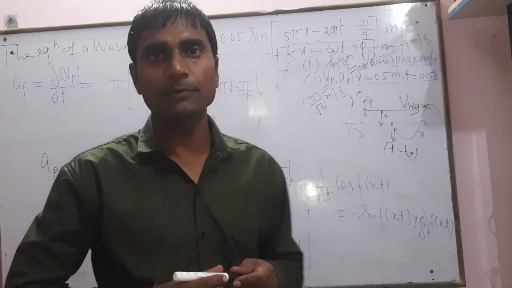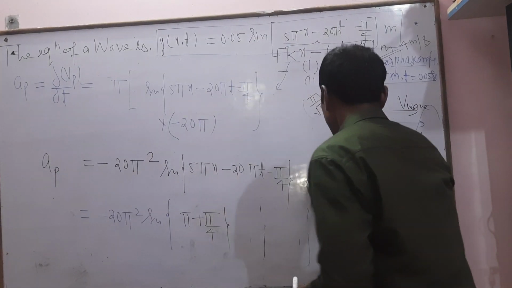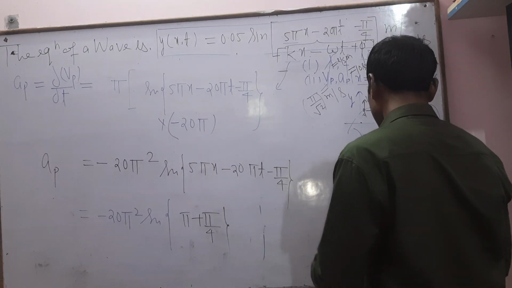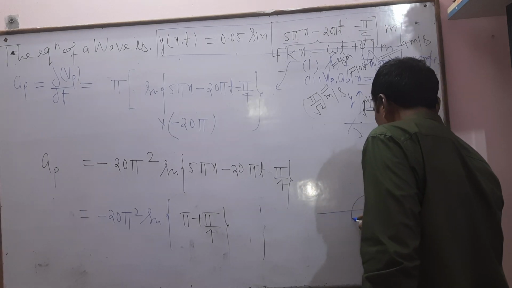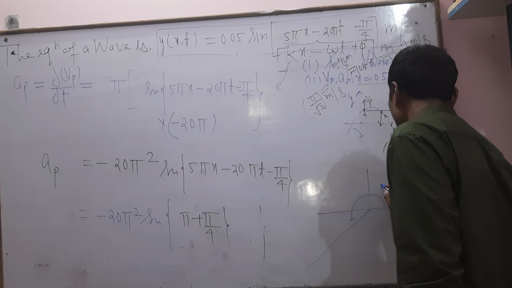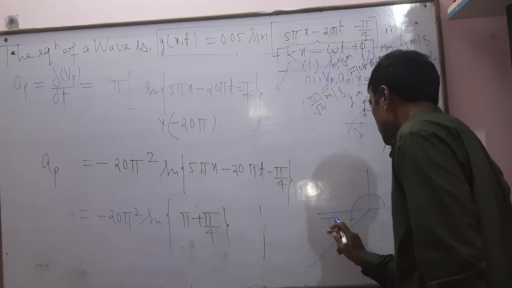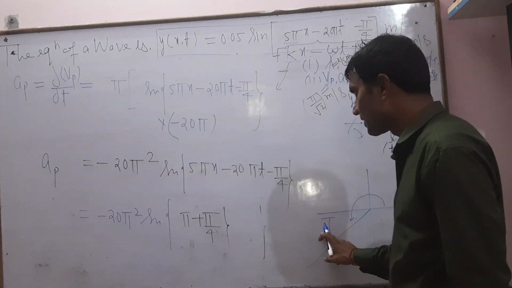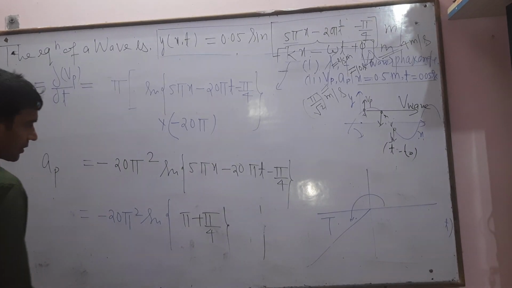So sin(180 plus theta) goes into the third quadrant. Using all, sin, tan, cos: only tan and cot are positive in the third quadrant, remaining will be negative. So this is a negative number.